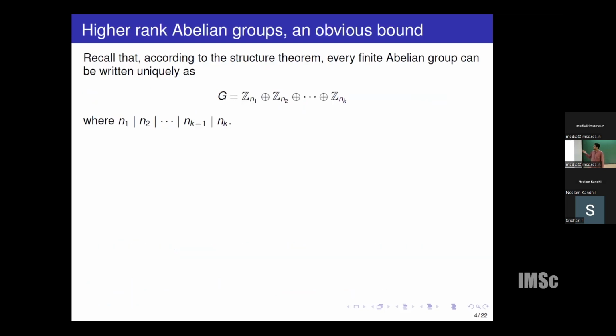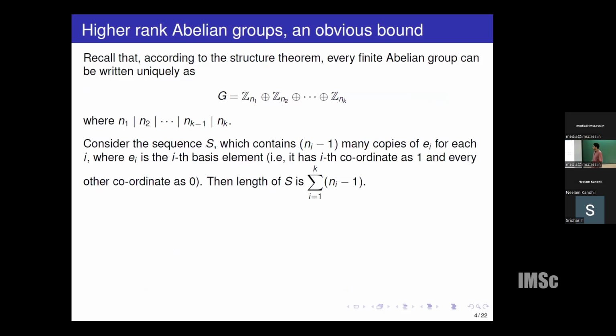Now we move up to higher rank abelian groups, and we know that the structure theorem tells us that there is a unique way to represent this group G as a direct sum of Z mod n_i Z, where n1 divides n2 divides n3 up to nk. Now for such a group, we can find a very easy bound for Davenport's constant. So what is that?